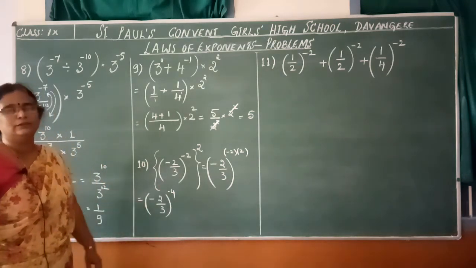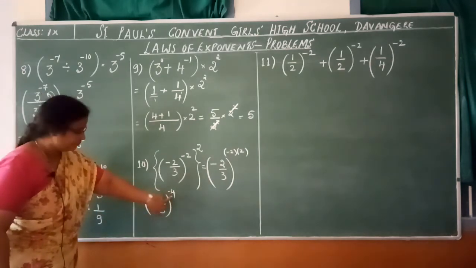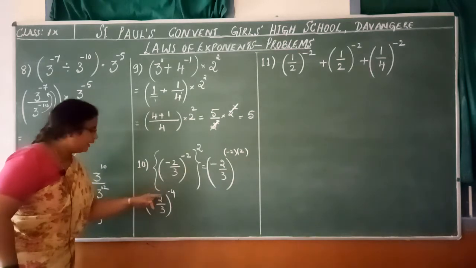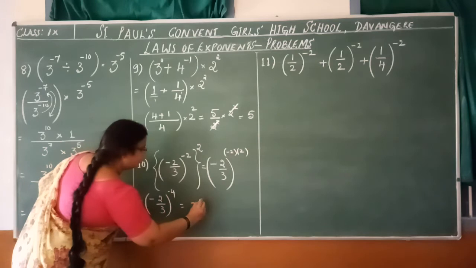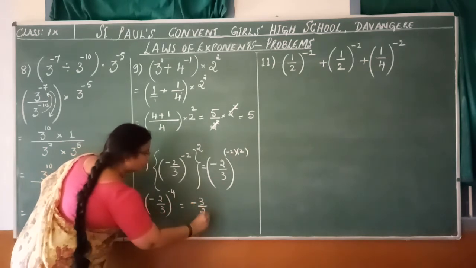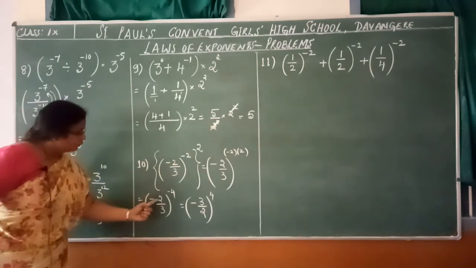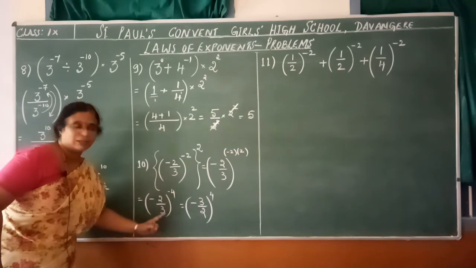But I will show you a simple technique. If you have a negative index with a fraction, take the reciprocal and make it positive. Observe carefully. Minus 3 by 2 whole to the power of minus 4 changes to plus, because when 2 to the power of minus 4 is rewritten as positive, it comes to the denominator.